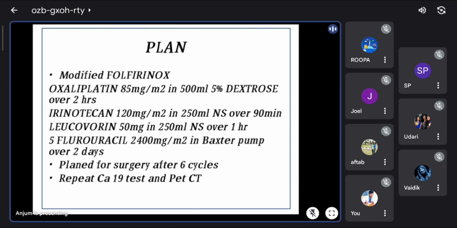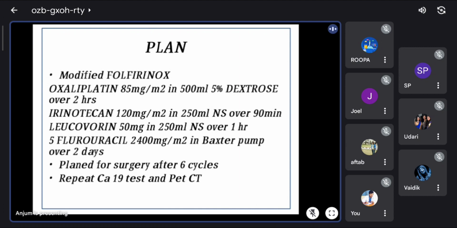The Baxter pump releases a constant 5 ml per hour of the drug along with the diluent we are putting. Whereas the other one, Dosifusor, releases 250 or 240 ml of the content per day.